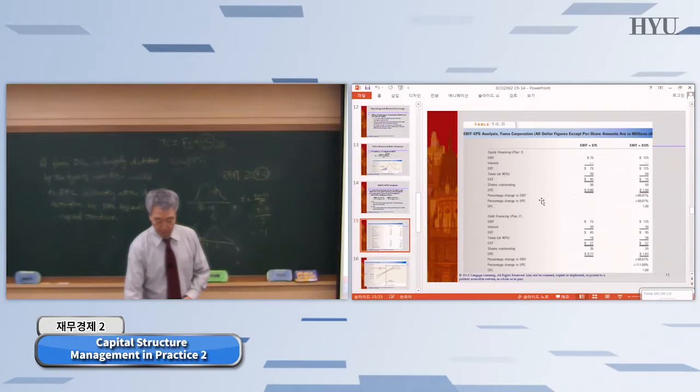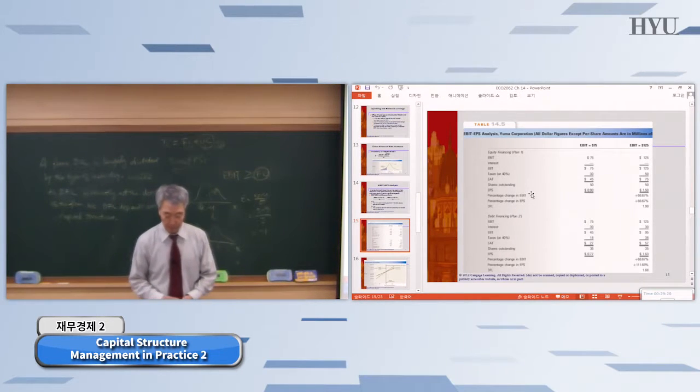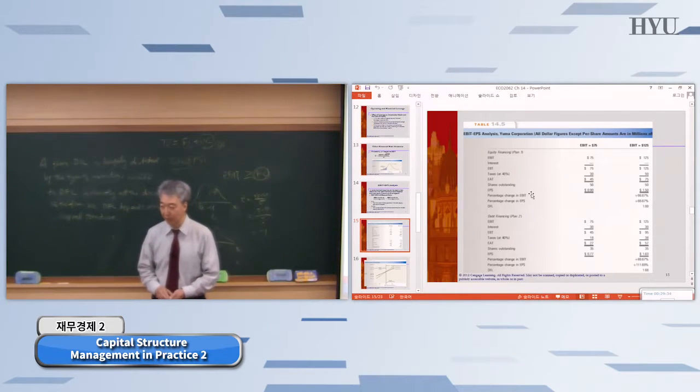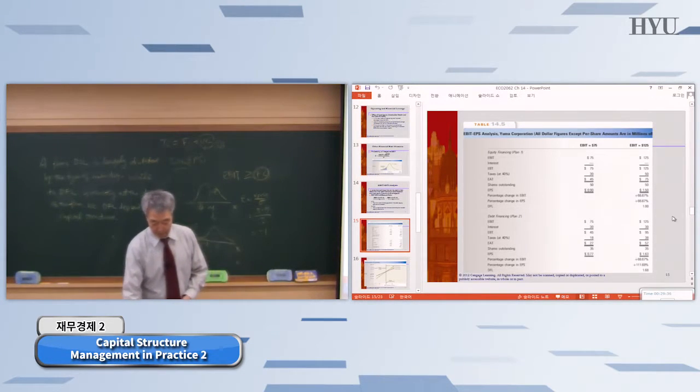So percentage change in EPS divided by percentage change in EBIT, which is DFL, the degree of financial leverage, is exactly 1.